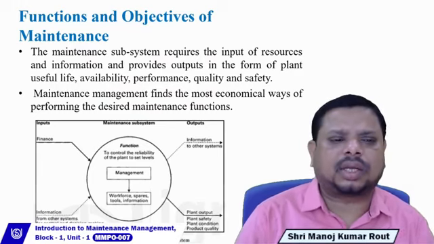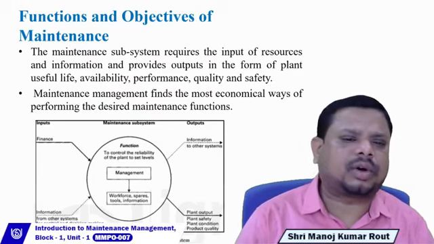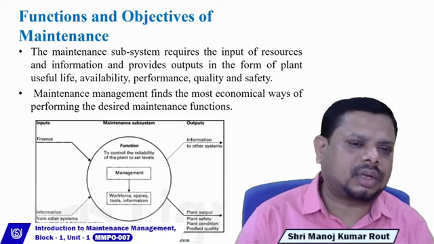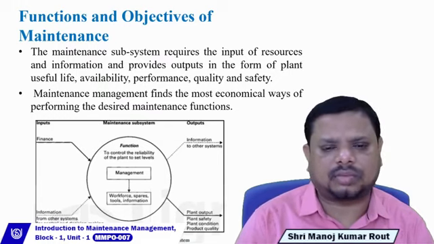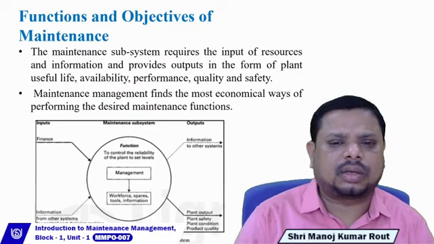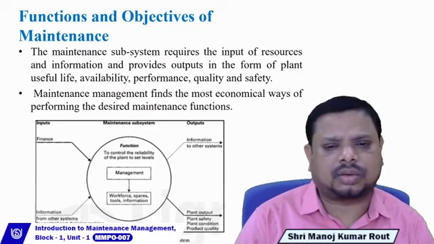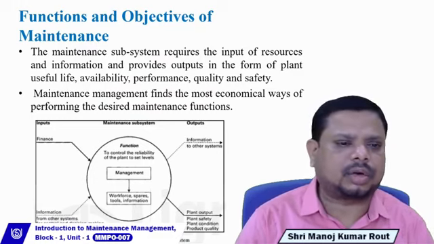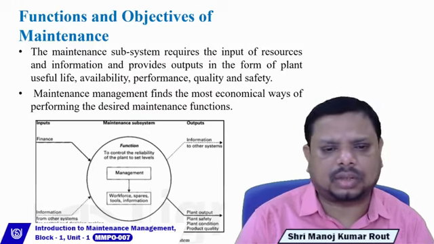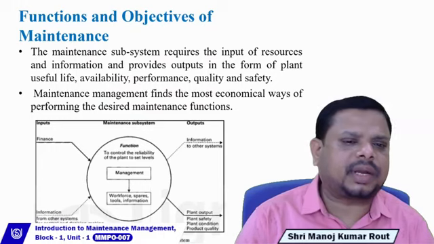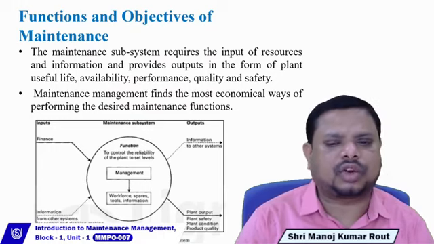The next important output is plant useful life, availability and performance, which will automatically go to a higher side. A higher side of quality is achieved in the product, and a huge amount of safety is observed whenever the operator is directly involved with that particular machine or subsystem.